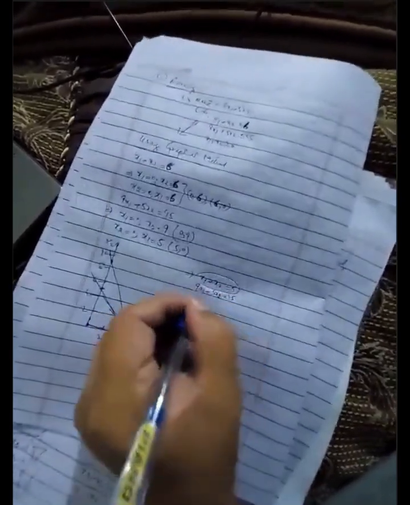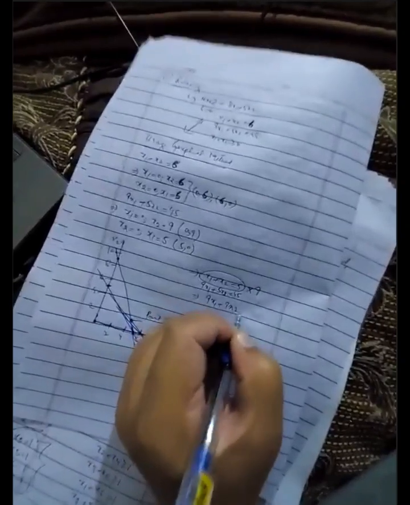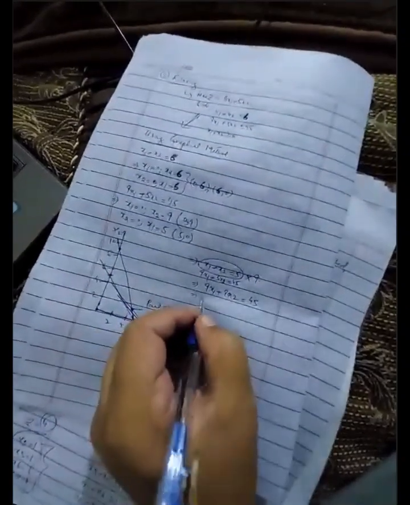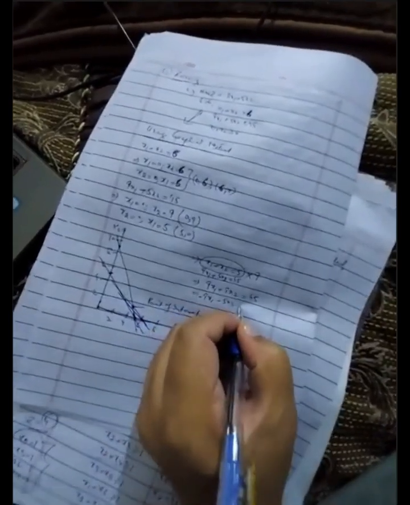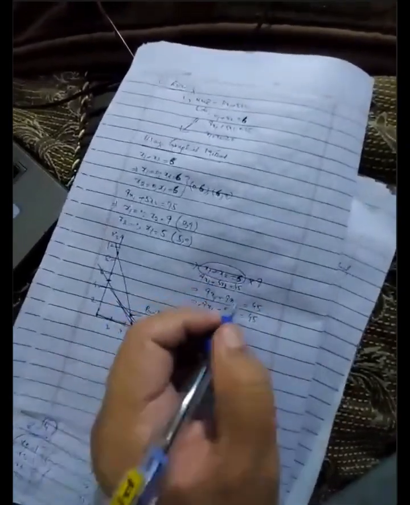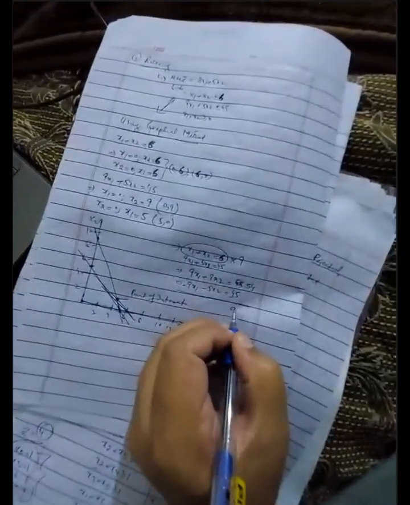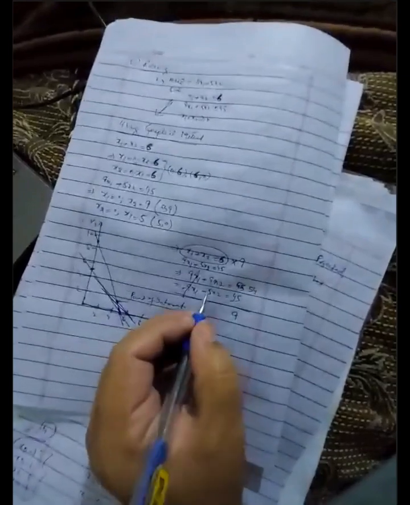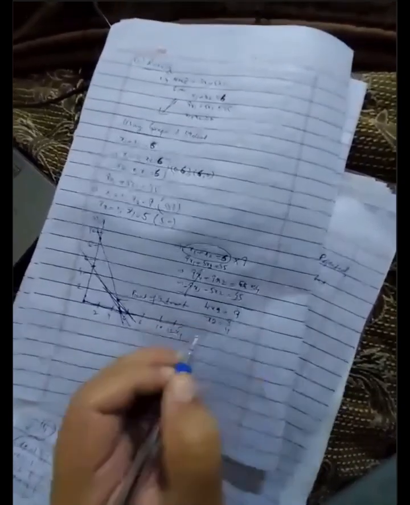If we multiply this by 9, what we will get is 9x1 plus 9x2 is equal to 54. Now if we subtract, the 9x1 will be cancelled, and it will be equal to 4x2. So x2 is equal to 9 by 4.